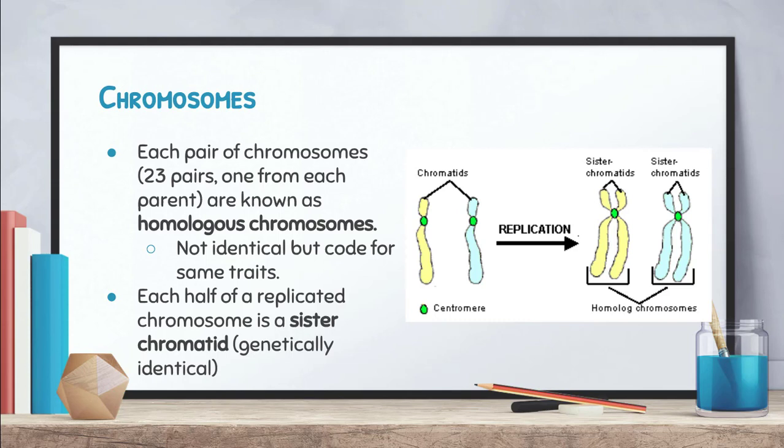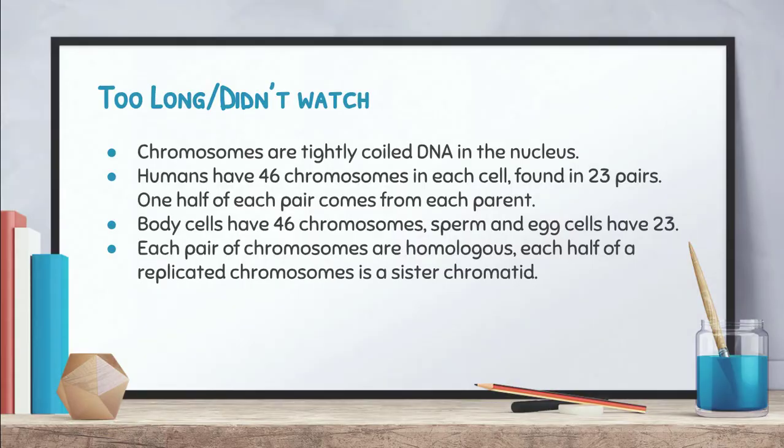That is because half of that chromosome has replicated. It's made an identical copy of itself that's attached at the centromere. So you have two of them, and those are genetically identical to one another. So keep in mind that homologous chromosomes are not identical but similar, and the two halves of a replicated chromosome, called chromatids, are identical to one another.